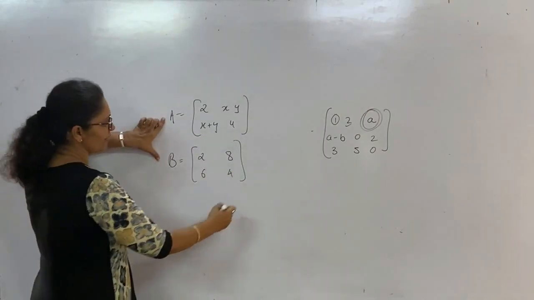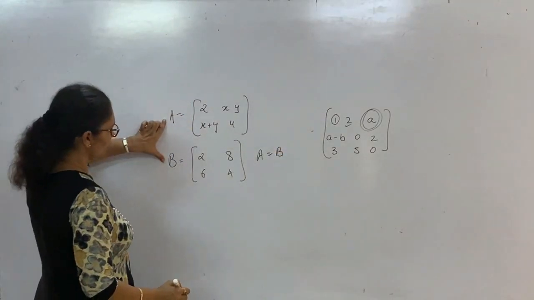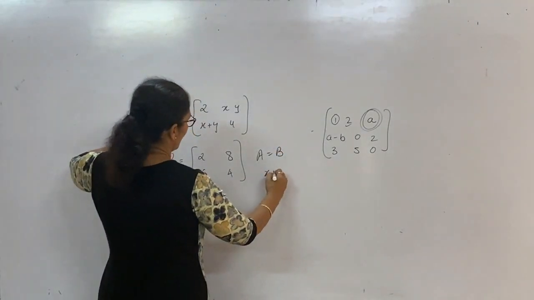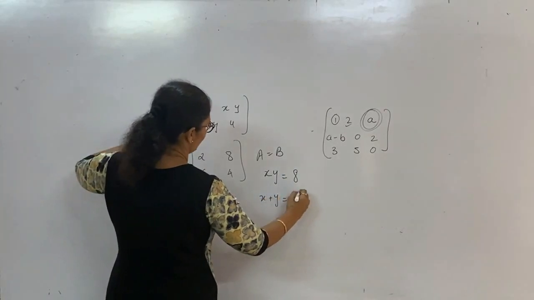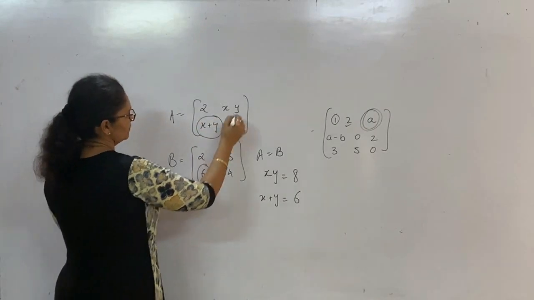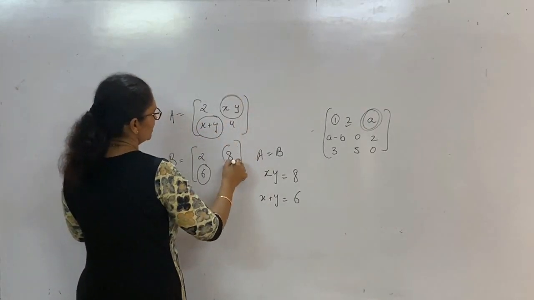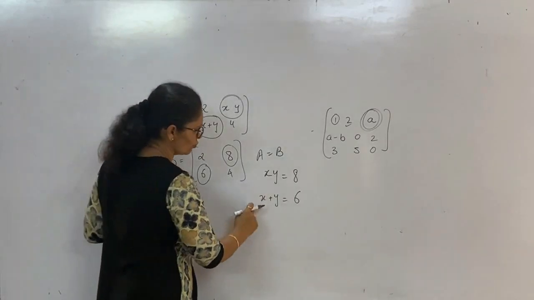If A and B are the same, and we compare these two, then xy will be 8, and the second thing, x plus y will be 6. It means I have to compare first element with first, second with second. Now we have to solve these two.